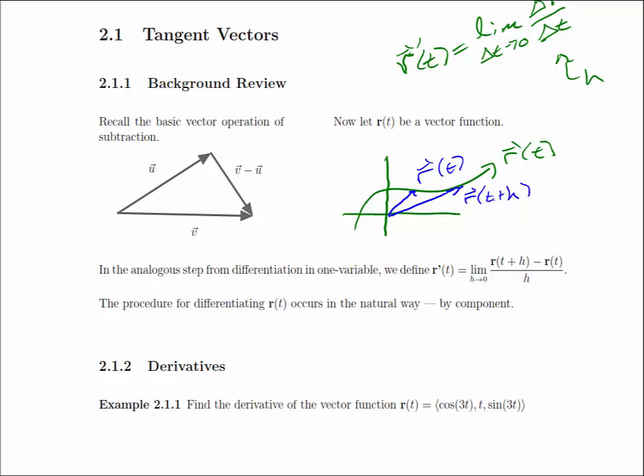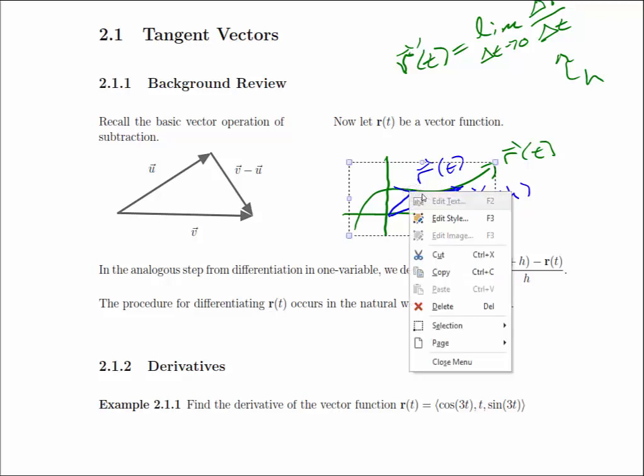Then taking the difference between these and dividing by our change in time will give us this secant vector between these two. But if we let h go to 0, then we're going to get the tangent vector at this location right here. So we let our change in time, our h value, go to 0, and that should give us the direction of the tangent vector at this point.